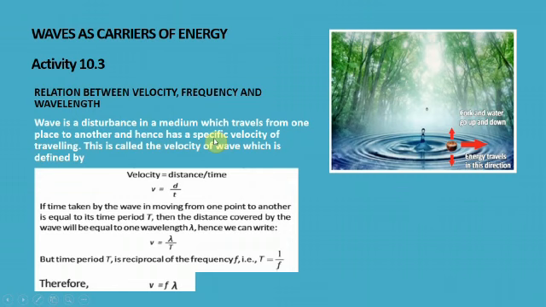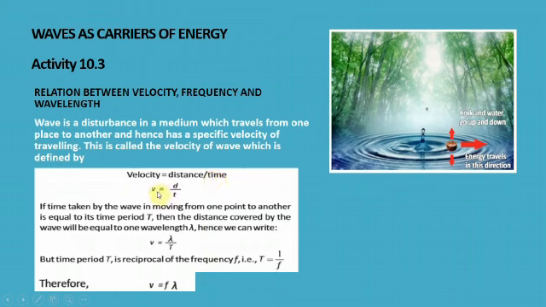So when it moves, it must have some specific velocity, and this velocity will be called a velocity of the wave. And you know, 9th में आपने पढ़ा था velocity is the distance per unit time.